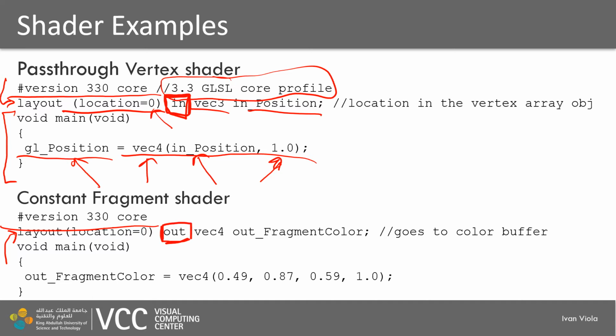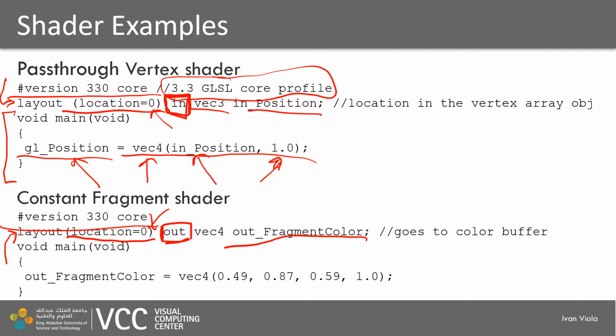So we define that at location 0, where we always expect the color from the fragment shader, we will be storing it in the variable out fragment color. Everything stored here at the end of the fragment shader will be the outcome for that particular fragment which is currently being processed. We can also have a location 1, for example, and that would encode the depth, just to go a little bit ahead of the slides.